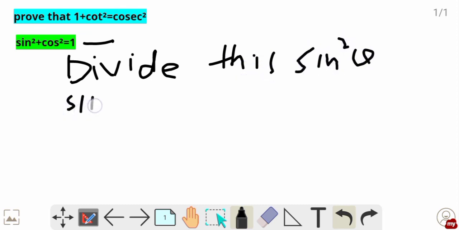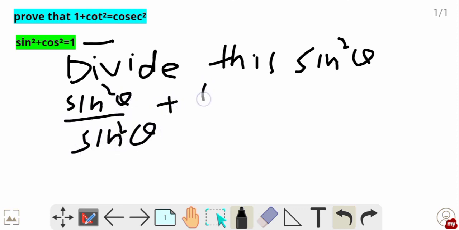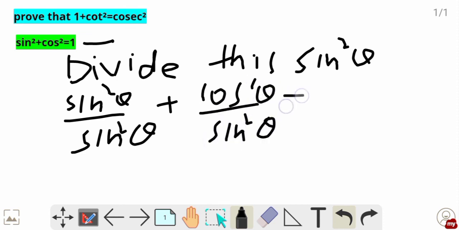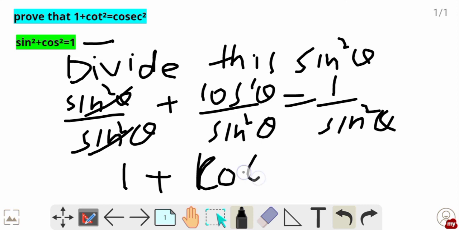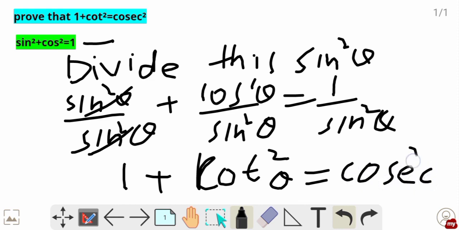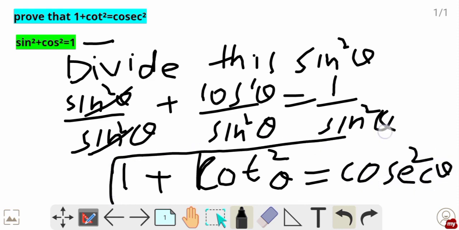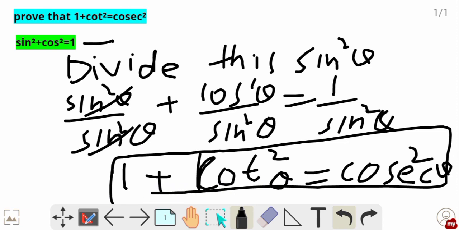So sin square theta divided by sin square theta plus cos square theta divided by sin square theta is equal to 1 by sin square theta. So as we cancelled sin square it will be 1. So cos square divided by sin square is equal to cot square theta, and 1 by sin square will be equal to cosecant square theta. So now we have proved. So this is our proof.